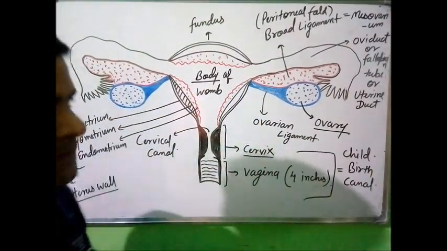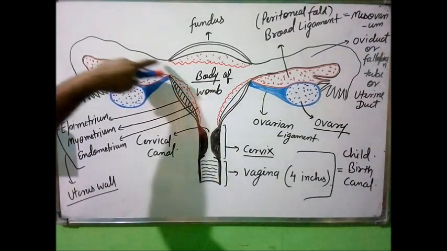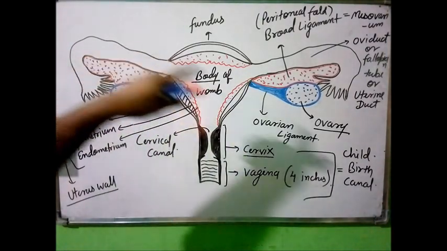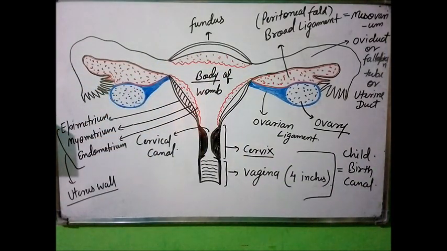So it has 3 names. The tubular part projected from the uterus on each side is called the oviduct, fallopian tube, or uterine duct.